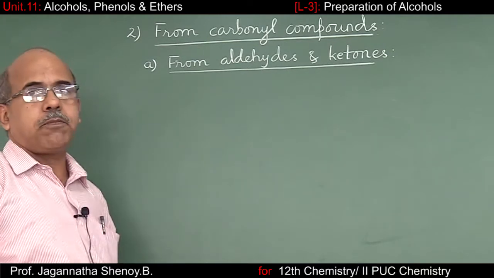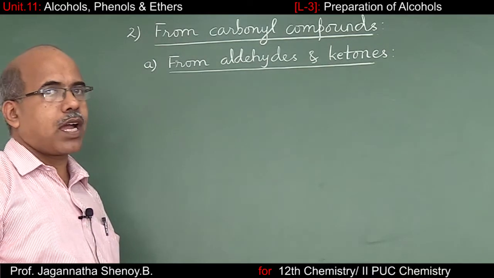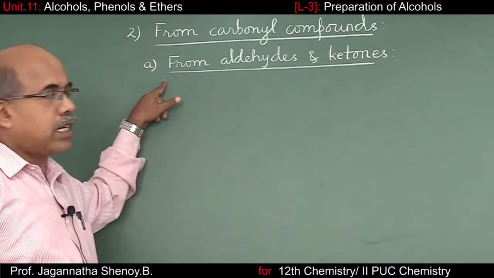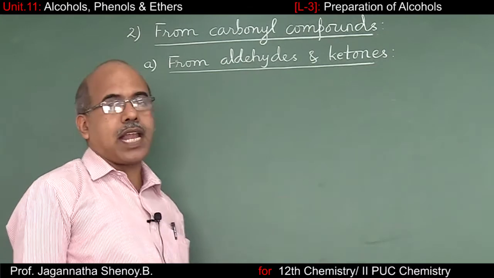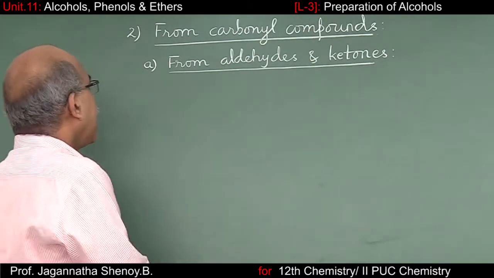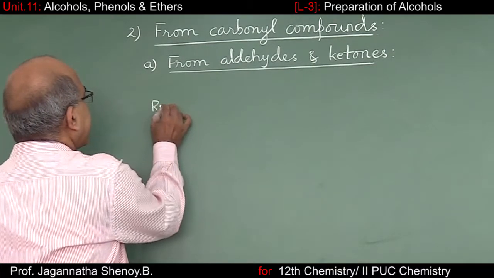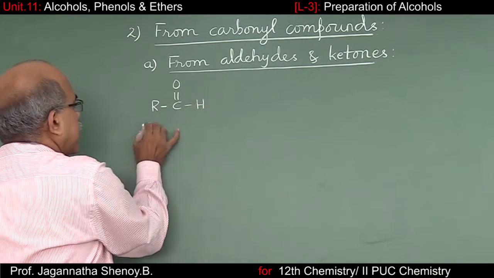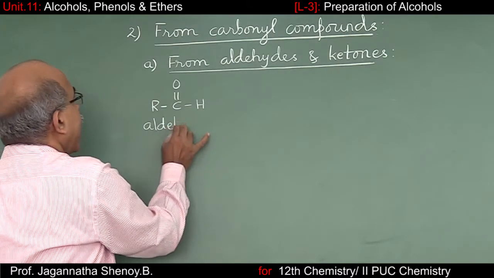The next method of preparation is starting from carbonyl compounds. Under that, the first one we consider is starting from aldehydes and ketones. When I say aldehyde, you know the general formula RCHO. So this is an aldehyde.